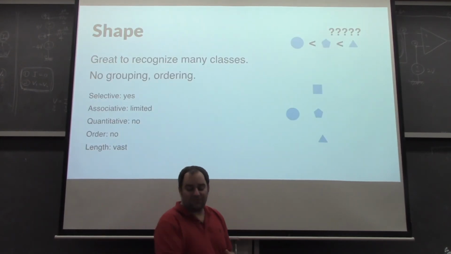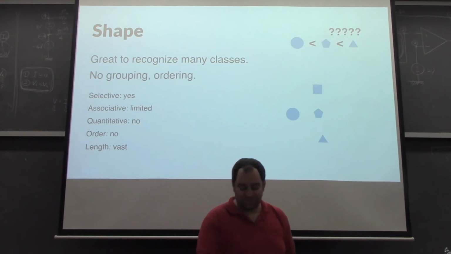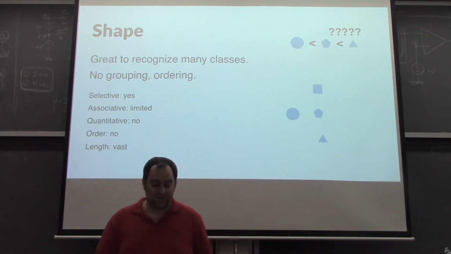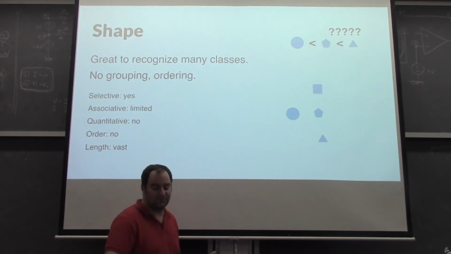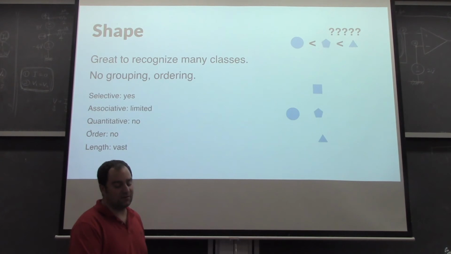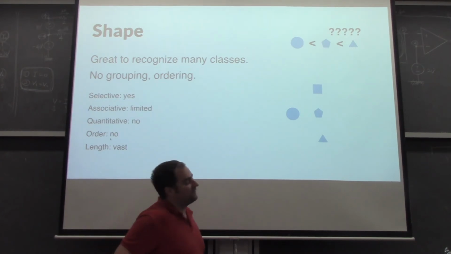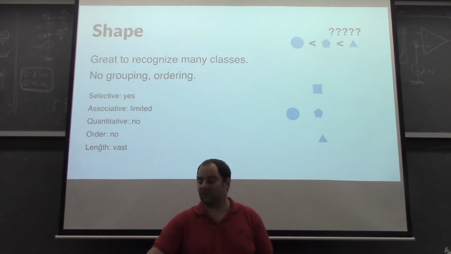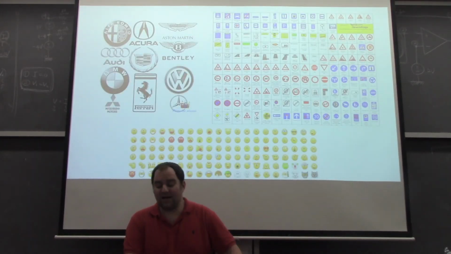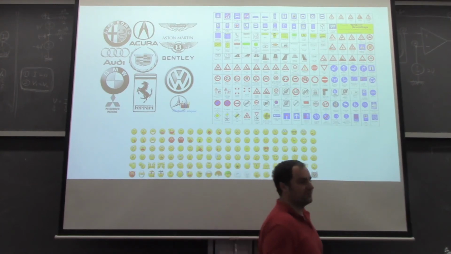So shape is great to recognize many classes, but unfortunately we have neither grouping nor ordering. So they are selective, but the associative power is very limited. They are not quantitative, they are not ordered, but we have a gigantic length. Clearly there is no ordering between, for example, these 3 symbols here, but you probably recognize all of those symbols.